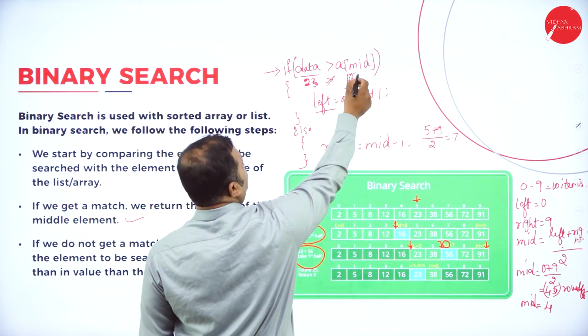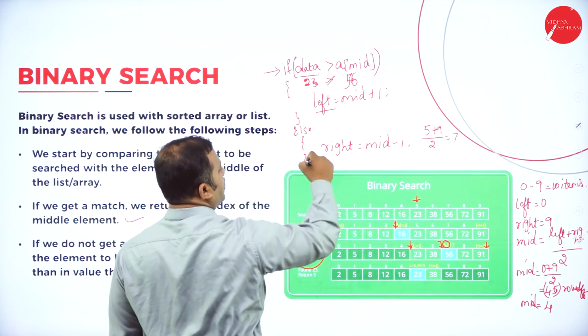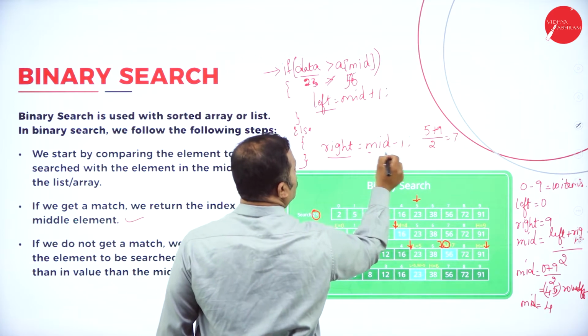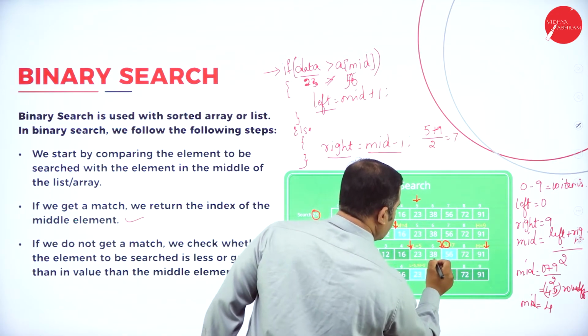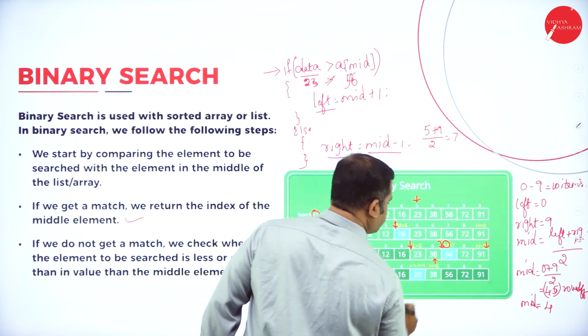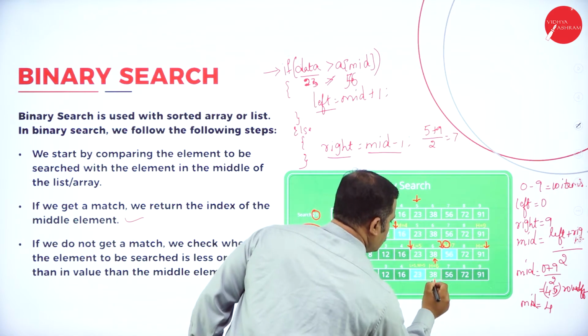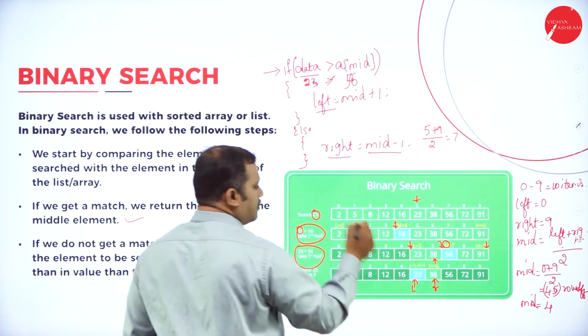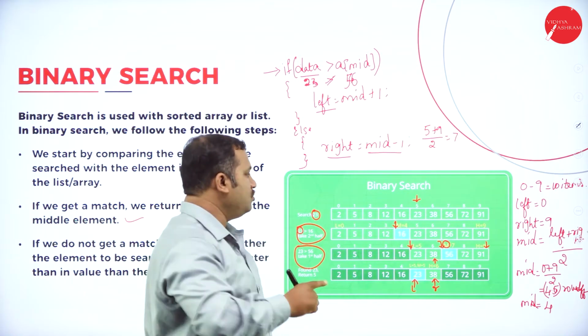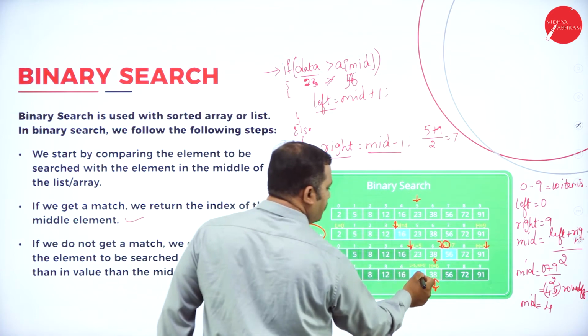Is 23 greater than 56? No. It comes to the else part. Right is equal to mid minus 1. That means this becomes your next item. You can see here, this becomes right and this becomes your left. Then left plus right by 2 in the next iteration.